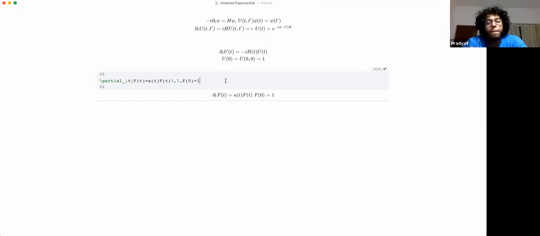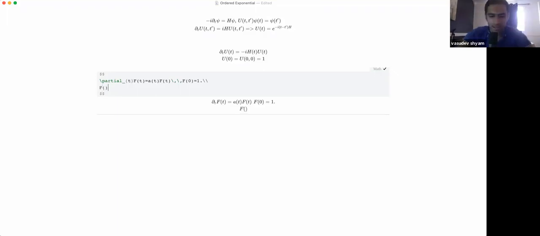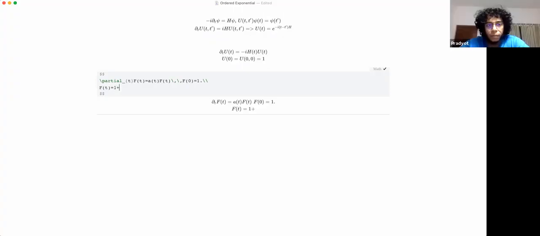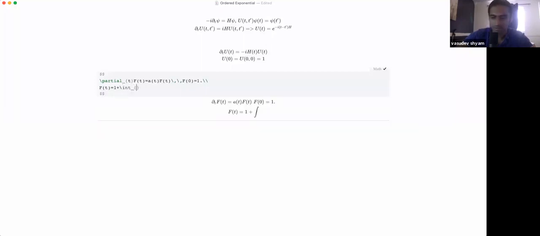And it helps to note that I can write f of t really as 1 plus an integral. So what will it be, Pradyot?